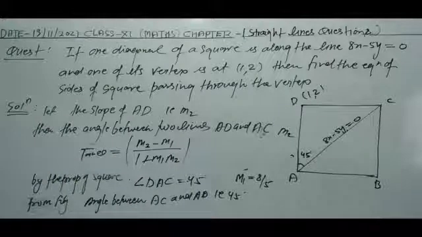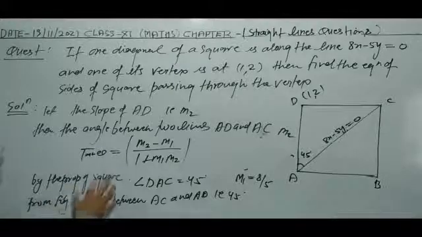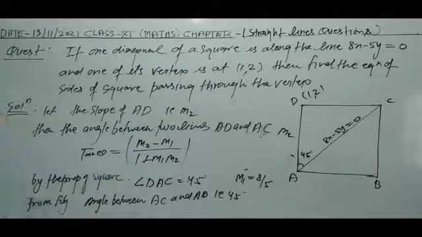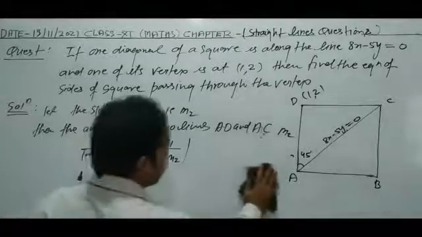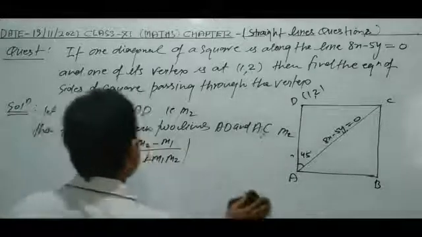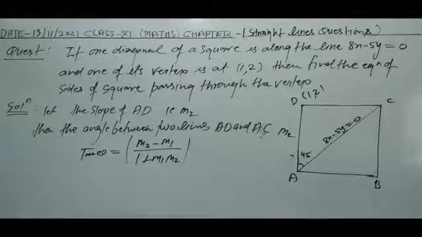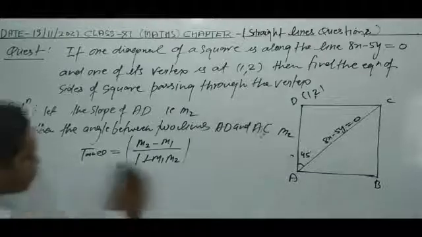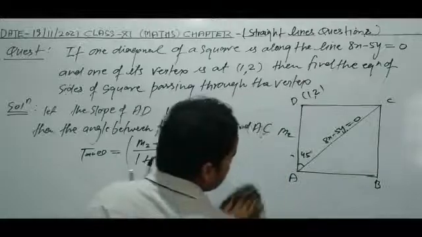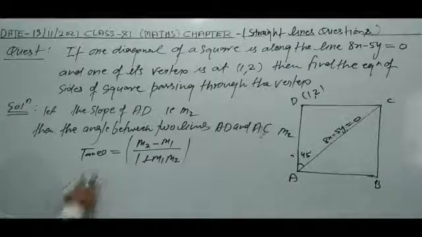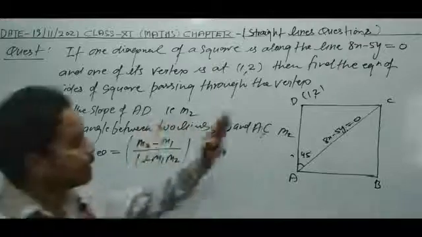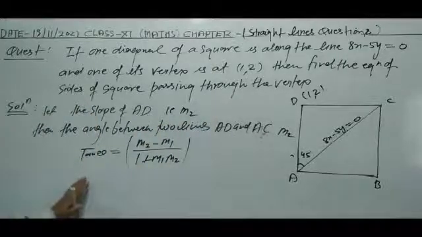You know the formula. तो इसमें क्या कर सकते हैं, और इसको m1 माइनस m2 भी कर सकते हैं. जो कैलकुलेट करना हो उसको साइड में रहने दे m2. This is tan 45. Angle between two lines AD and AC, that is tan 45. So tan 45 result will be 1.